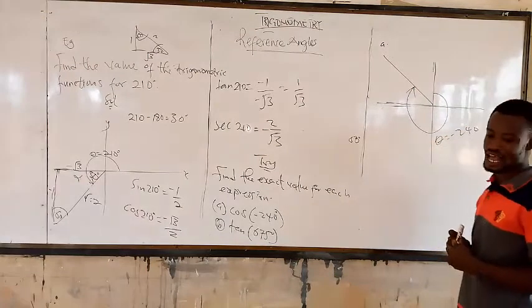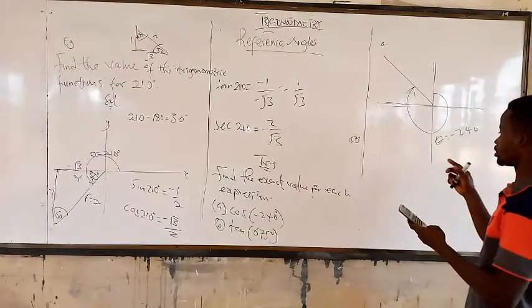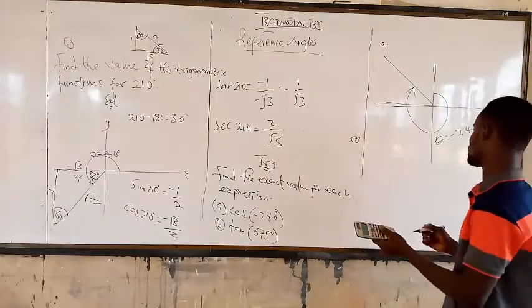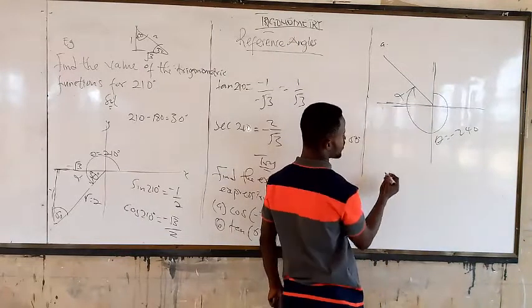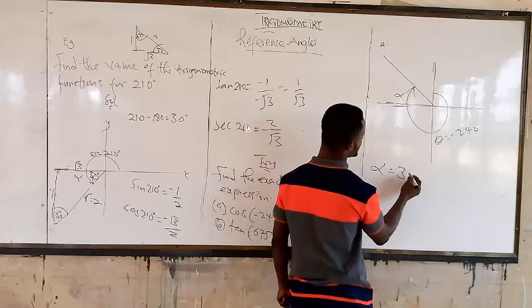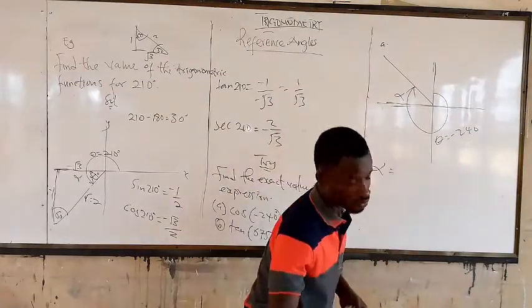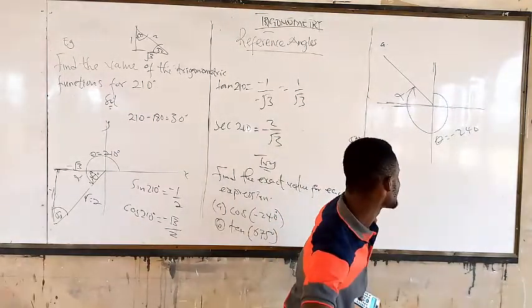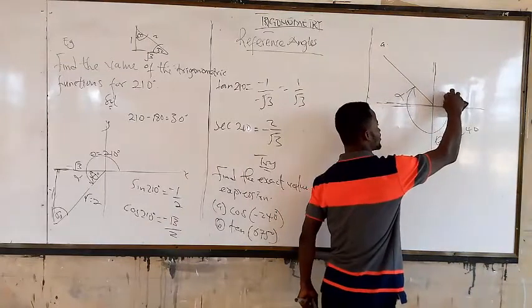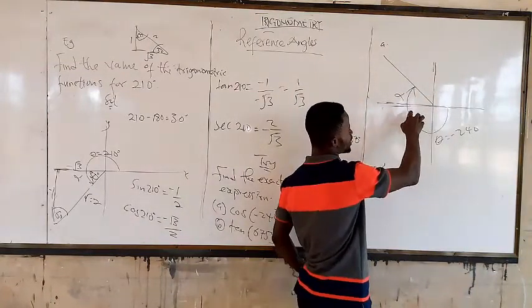And the reference angle, which is alpha, is just going to be, we know that from here to here is 180.